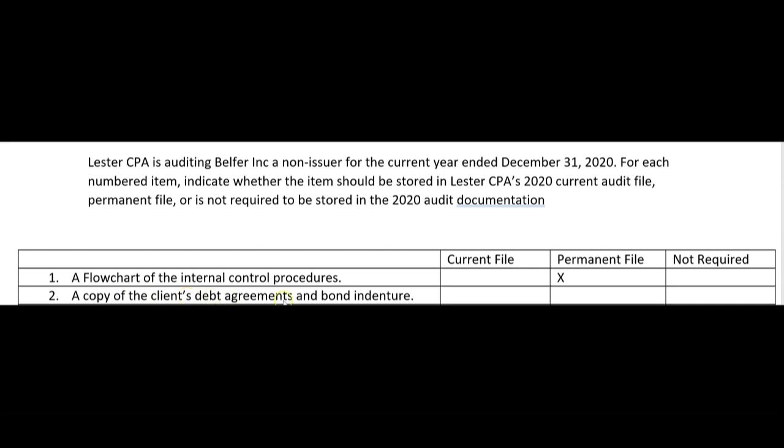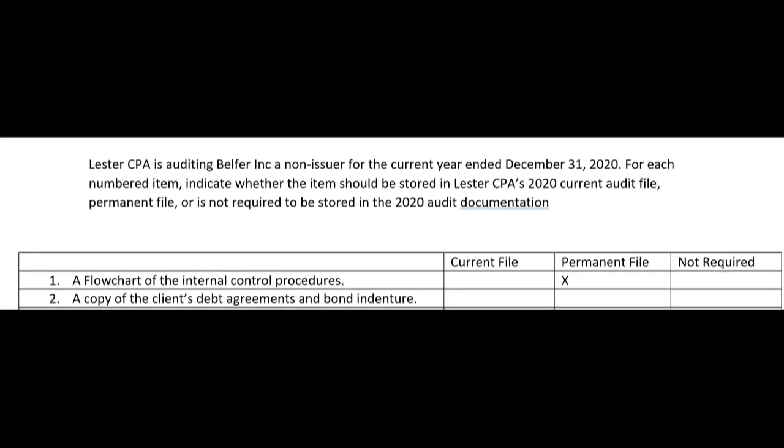Any other debt agreements, same thing. There could be what's called a debt covenant. So if there's a debt covenant in the debt agreement, this would require the client to maybe maintain a certain current ratio of, let's say, 1.5 to 1, current asset to current liability.